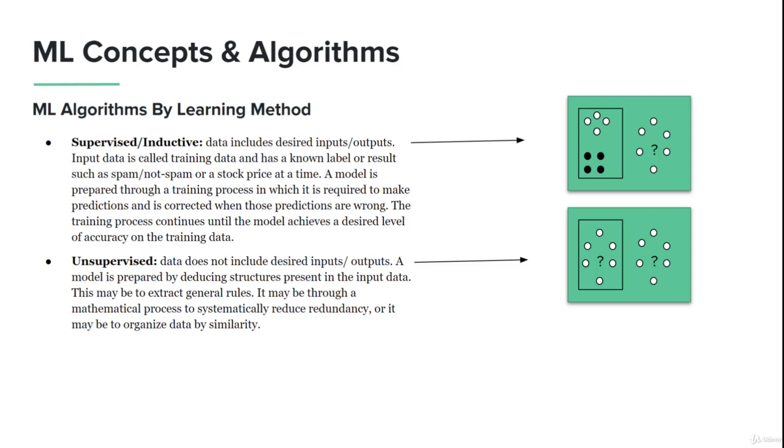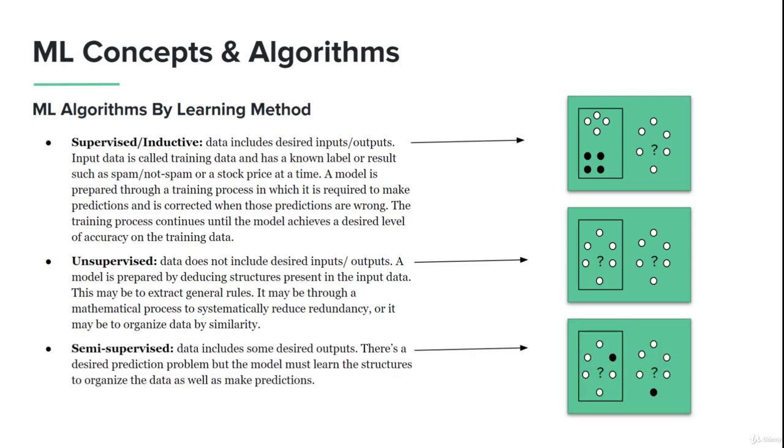A model is prepared by deducing structures present in the input data. This may be to extract general rules, maybe through a mathematical process to systematically reduce redundancy, or maybe to organize data by similarity. So that's the supervised and then the unsupervised.